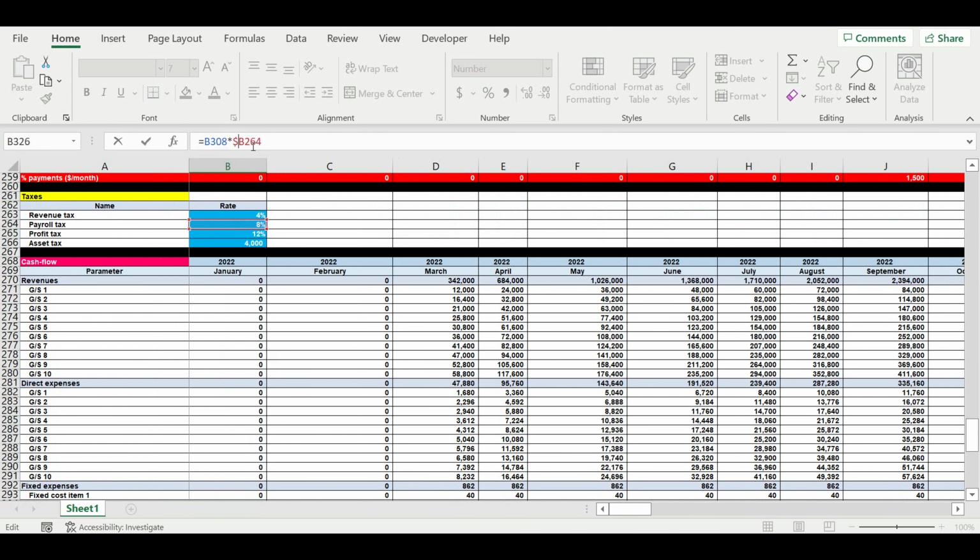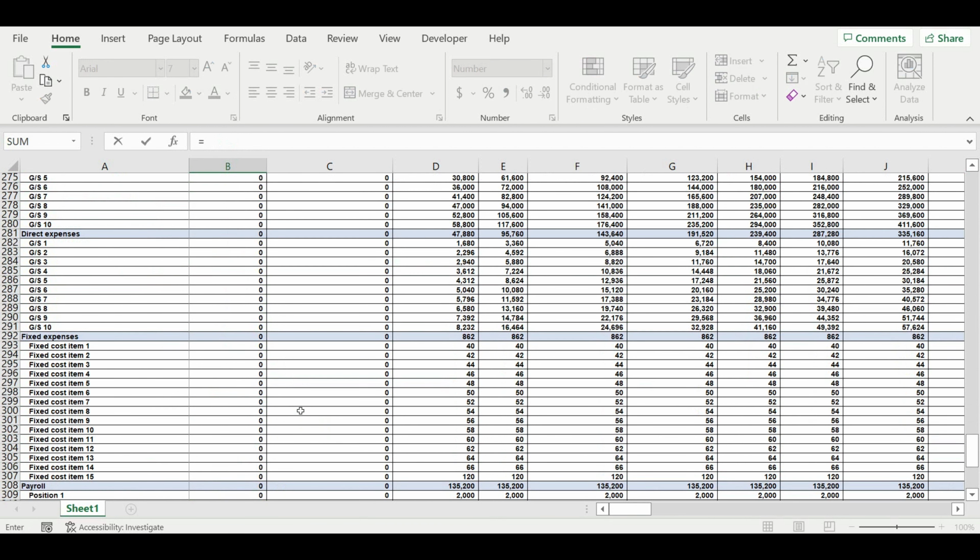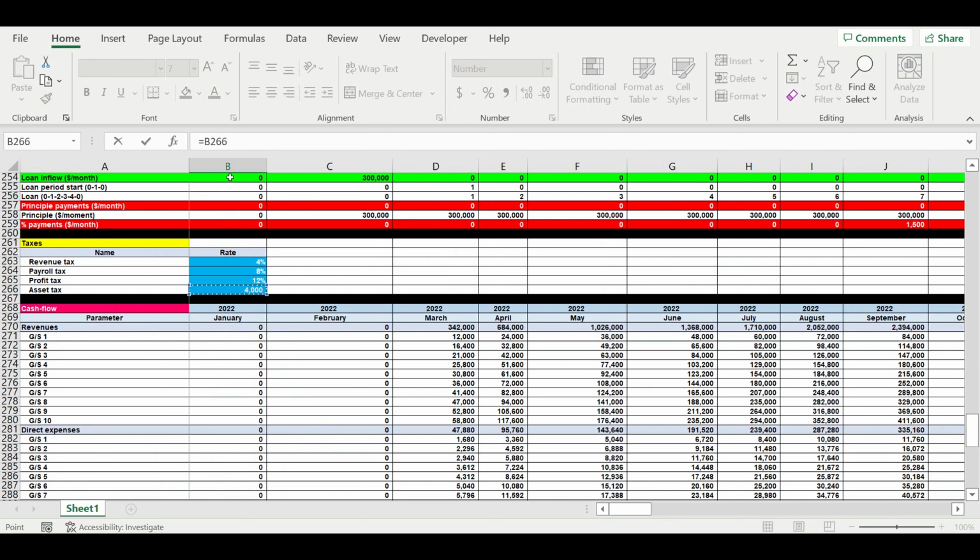Then asset tax, we are taking this value and multiplying.